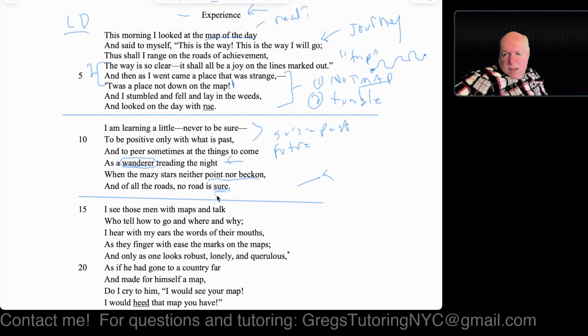And no road is sure, right? That's important. And in both of these stanzas, the author seems to be being casual. The author's not upset. The author's not panicking. The author is being reflective, which is important, I think, in your journey of life, if that's what it's about.